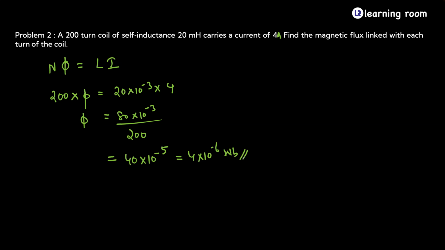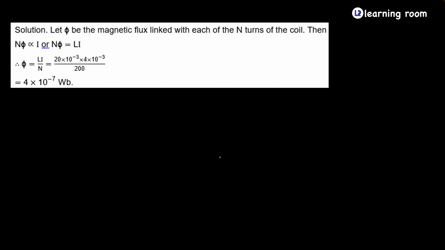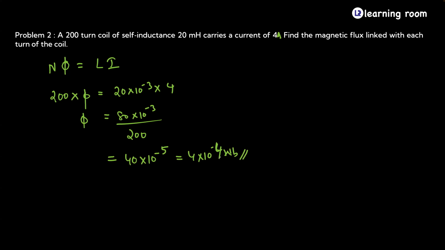Did I miss something? So N phi is equal to L into I. N is 200, 200 into phi is equal to 20 into 10 power minus 3 into 4. Okay, 4 into 10 power minus 4. But the answer came out to be 10 power minus 7. Actually, here I wrote it as 4 ampere.